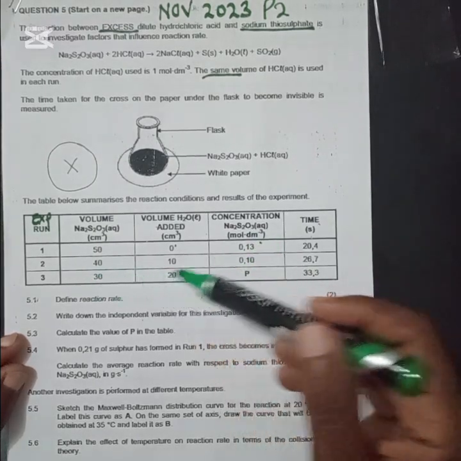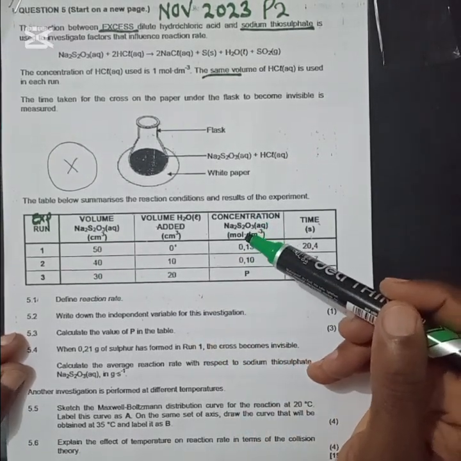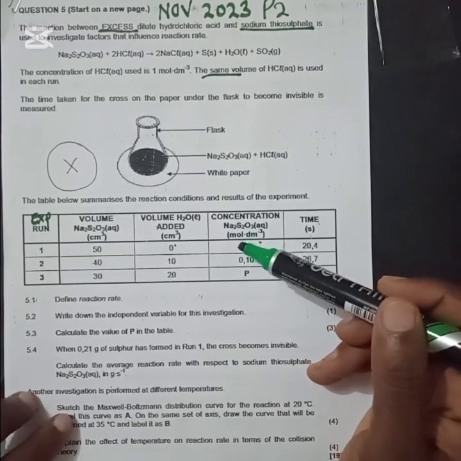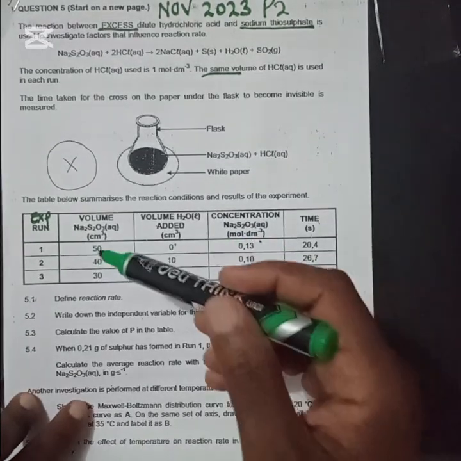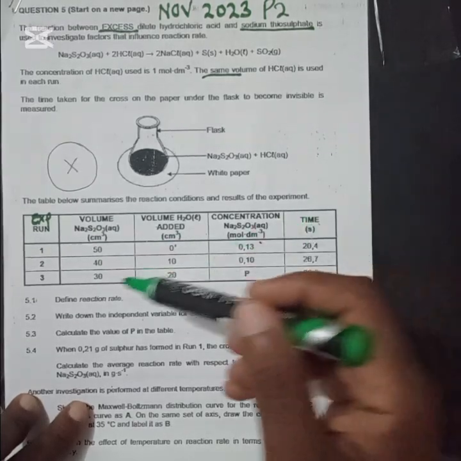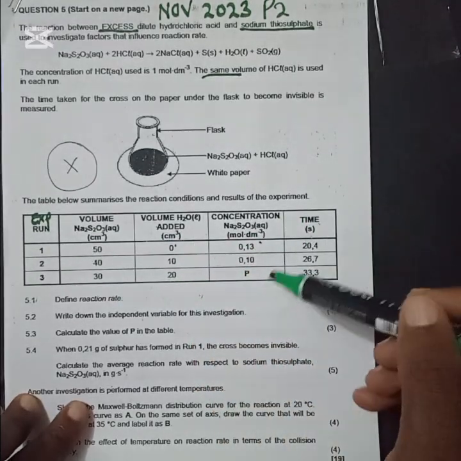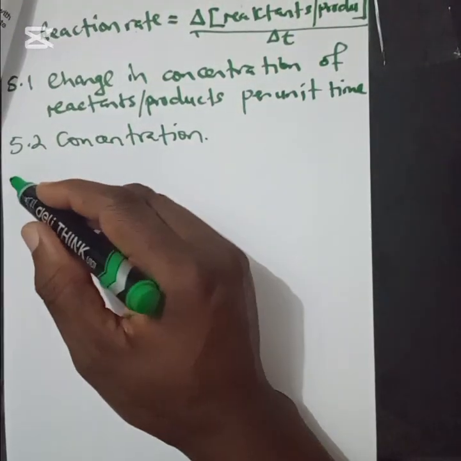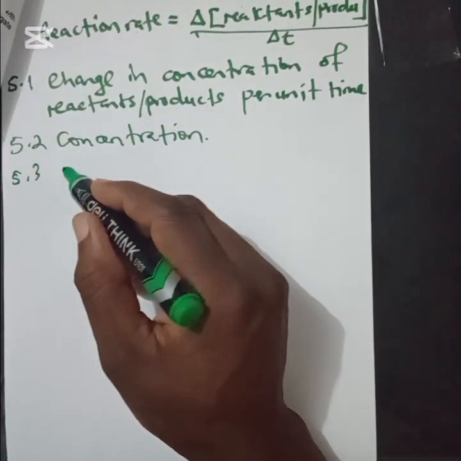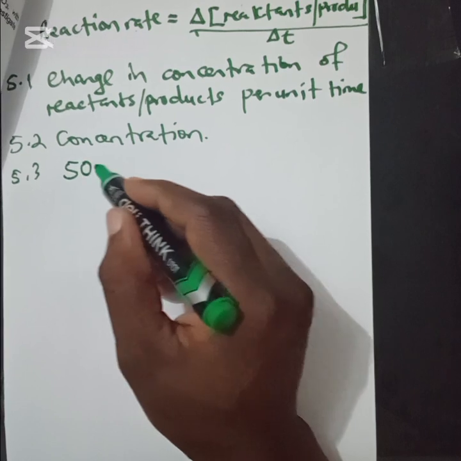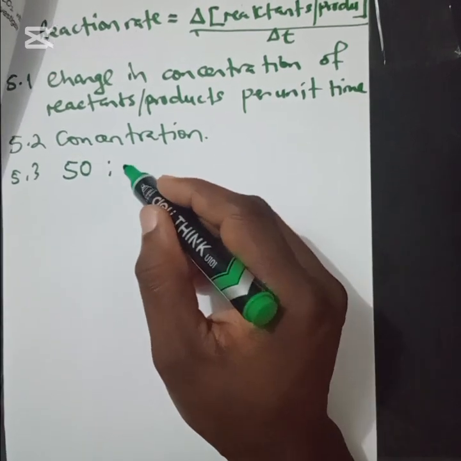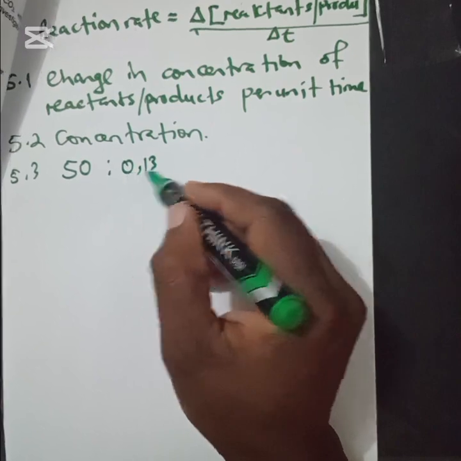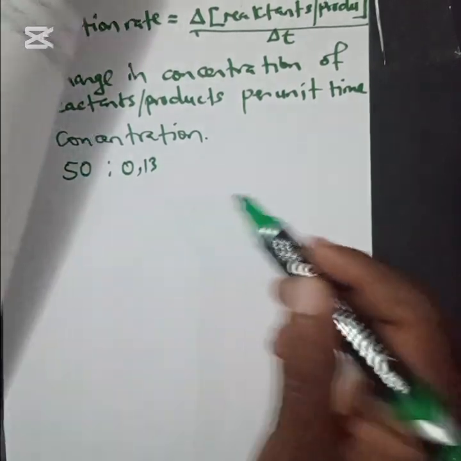Then the 30 must have a lower concentration. So it's a simple ratio. The undiluted must have a higher concentration, the diluted a lower concentration. So for 5.3, 50 cubic centimeters is to 0.13, the concentration of the undiluted.